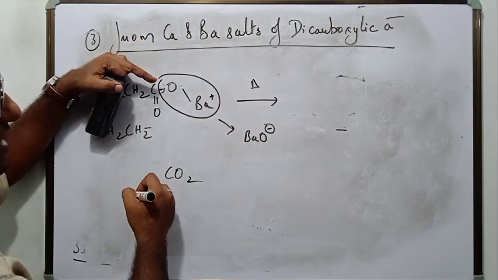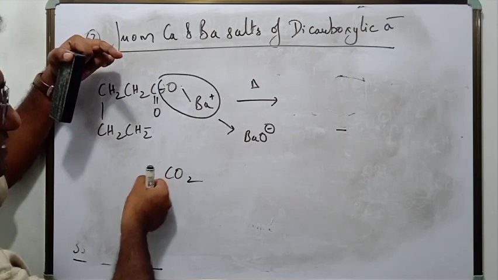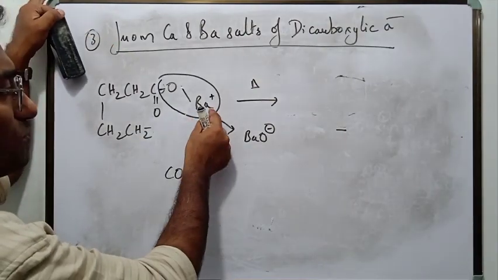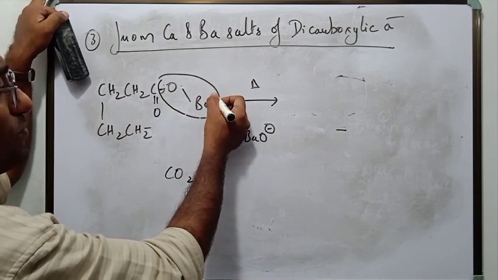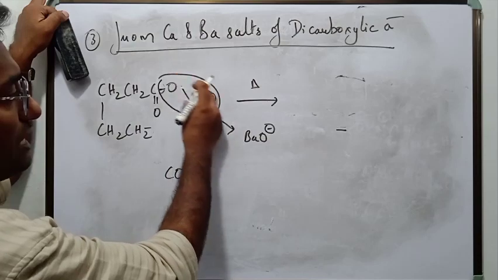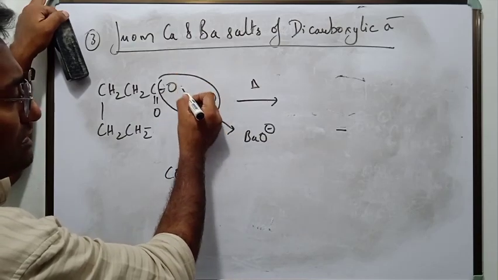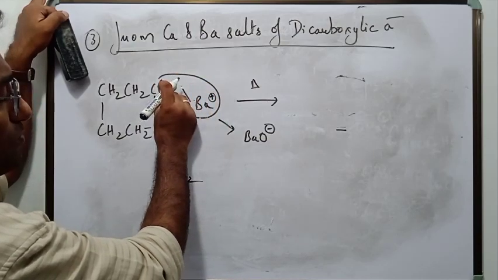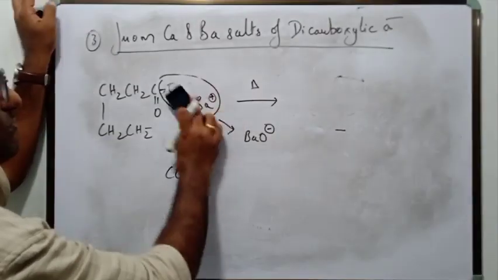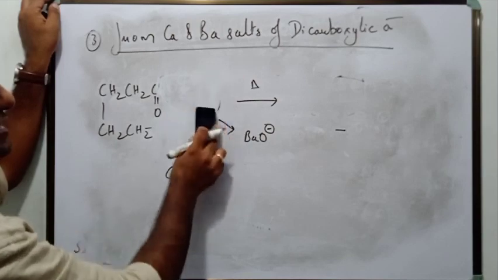When CO2 was taken from here, it split from here and took the electron pair, so barium became positive. So now the positively charged nucleus of barium tries to put strain on oxygen. This bond is strained, plus this bond is also strained. So that is why BaO minus splits from this section and goes off as BaO minus.